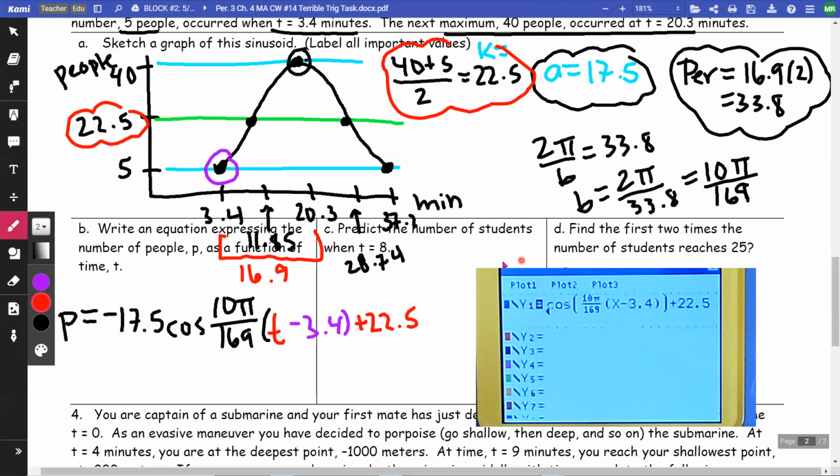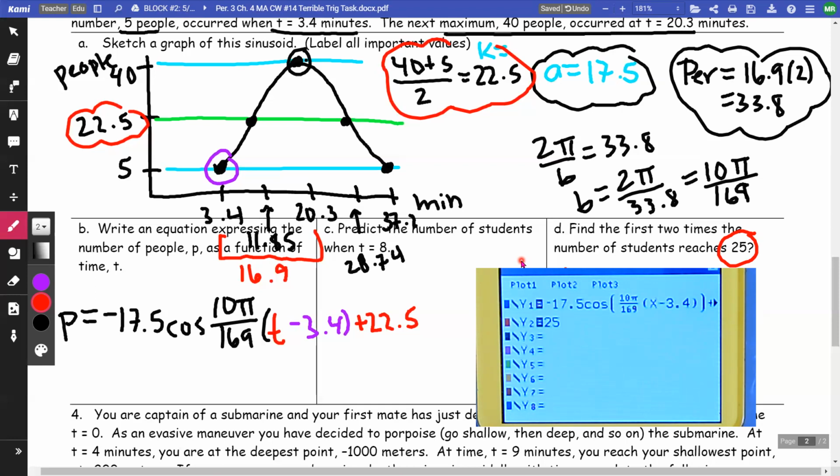And they want us on part D to figure out the first 2 times that they reach 25 students. So I'm going to put in y equal 25. I'll deal with that in a second.